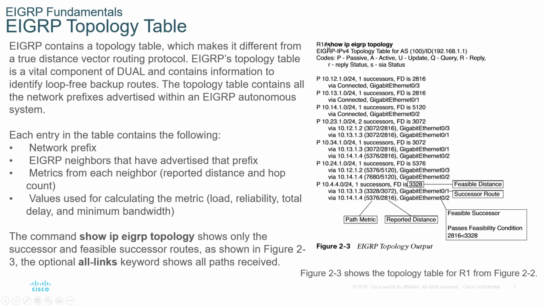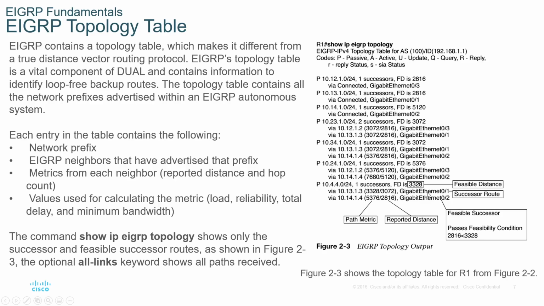So how do we read it? On the bottom one here, the path to 10.4.4.0 has one successor, and the feasible distance is 3328. Then we come down to the actual routes.